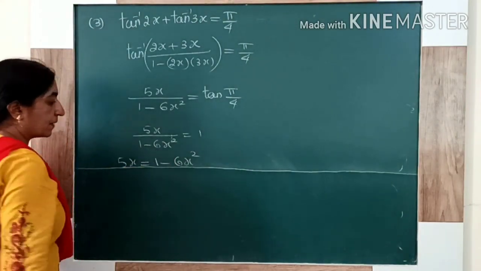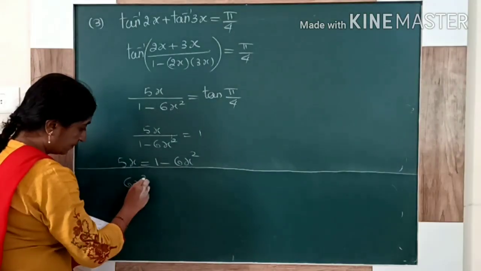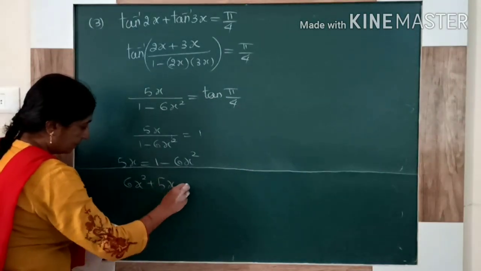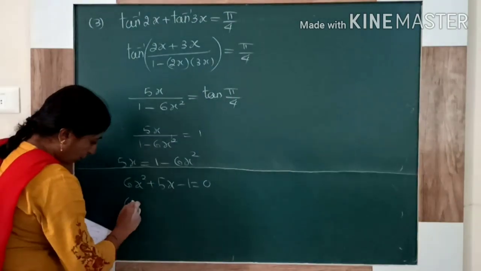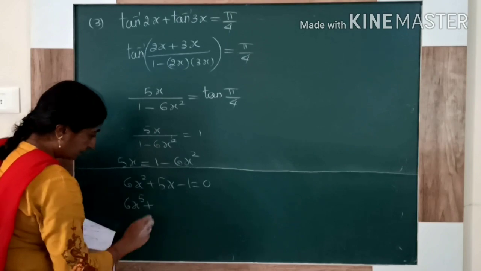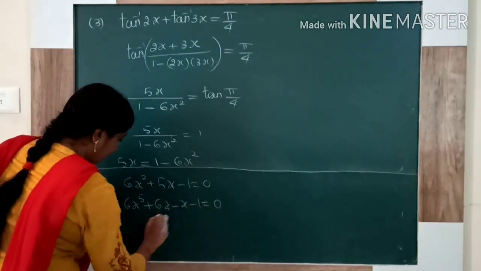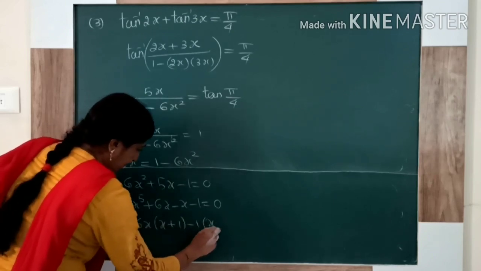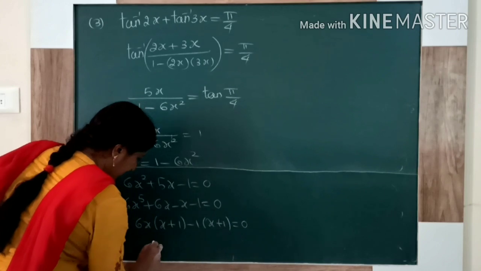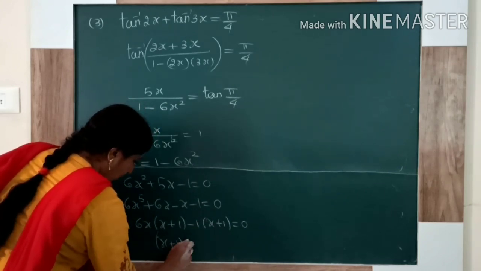Cross multiply. After cross multiplying, rearrange it and take these terms to the left side. Then it is a quadratic equation. Go for factorization. We will give each and every single step. Now the bracket x plus 1 is common.